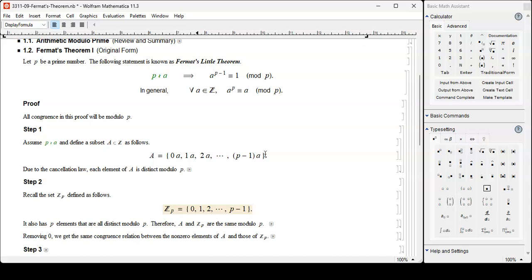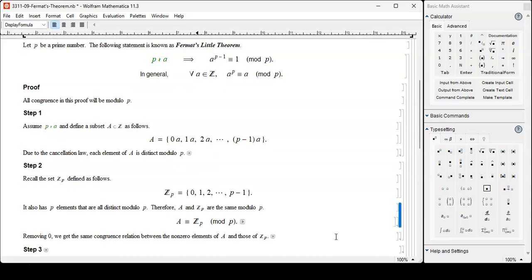In short, this A and Zp must be the same modulo p, of course. If you compare each individual number, they're not equal to each other, but they must all be congruent to each other. There are a total of p separate classes, and that covers everything because it's coming from the division algorithm, which classifies the entire set of integers completely. And this one covers all p classes, so they must be the same. So A and Zp are the same mod p.